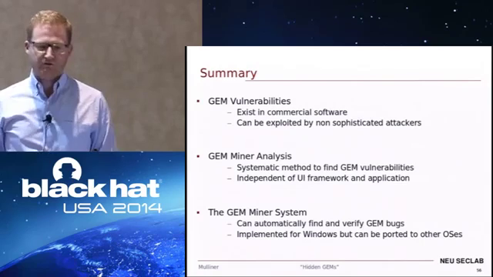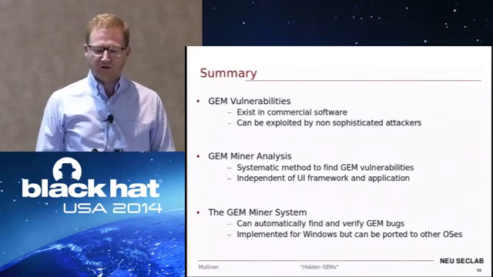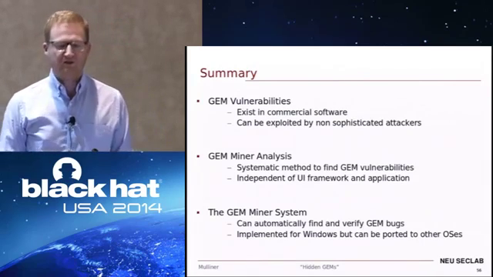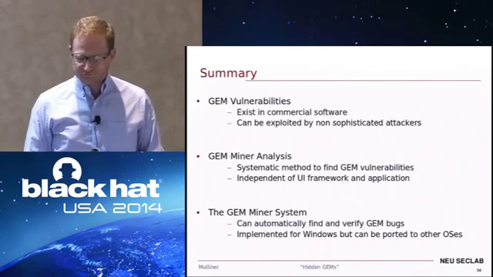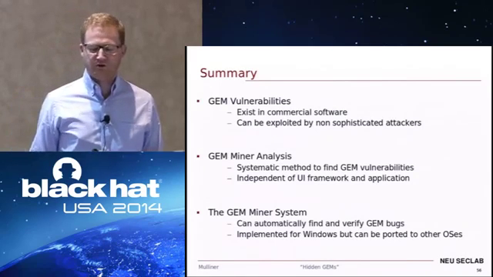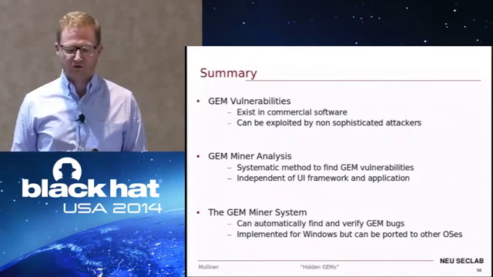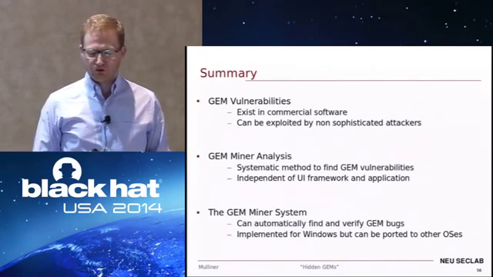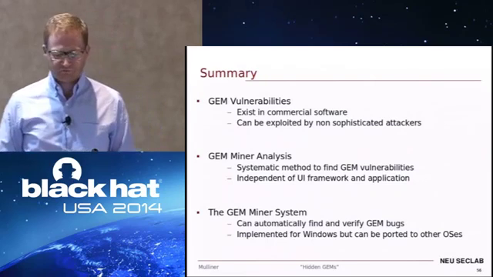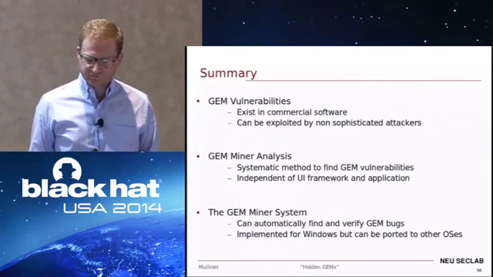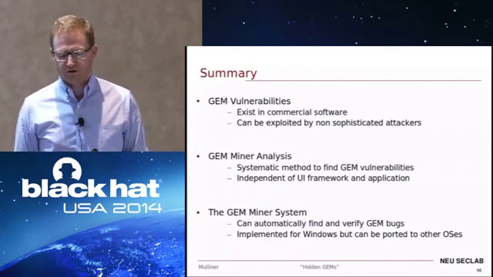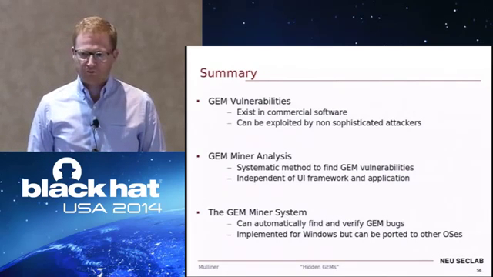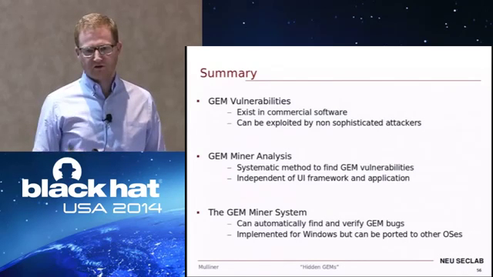So in summary, I showed you what GEM vulnerabilities are and that they exist in software. And in my opinion, they can be really easily exploited by non-sophisticated attackers. We built this analysis tool to automatically test applications, and the test is really independent of the UI framework, as long as you can address the base widgets.